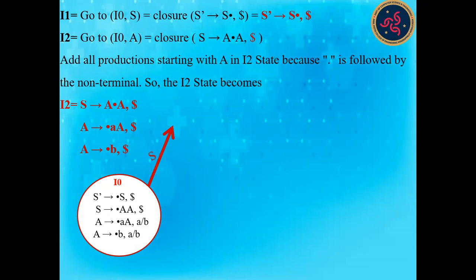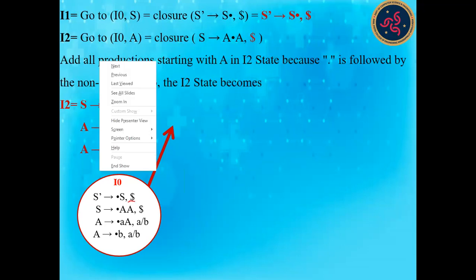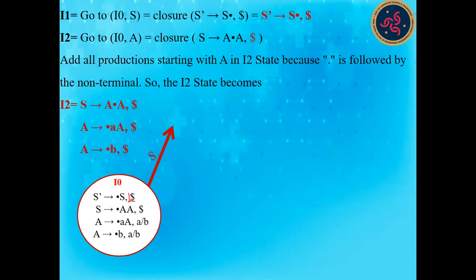Since this is the same, when a state transition occurs, the look ahead symbols won't change. If there is a state transition, here from I0 to I1, right, this look ahead symbol won't change. So the same look ahead can be written in the new state also.